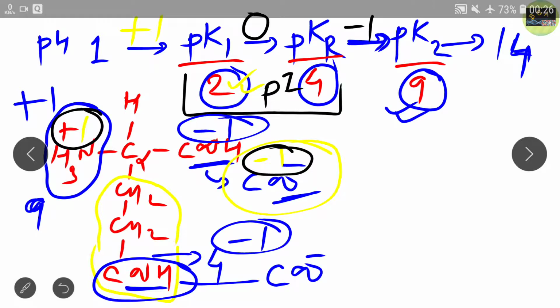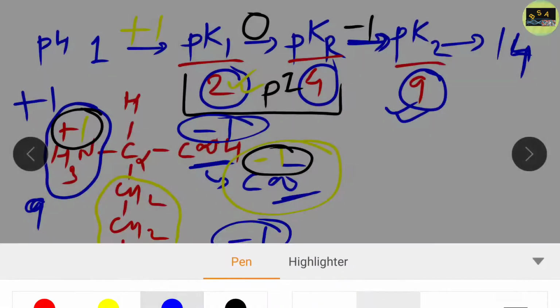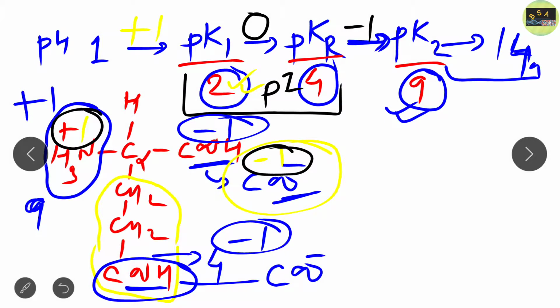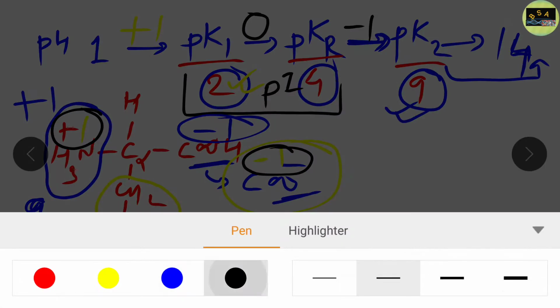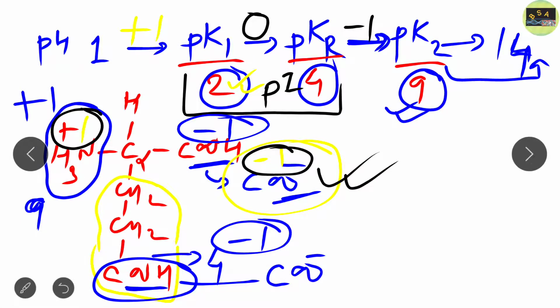Clear? Now the last part. When we move from pK2 to pH 14, what will be the charge? This will remain as CO minus as it is above 2.